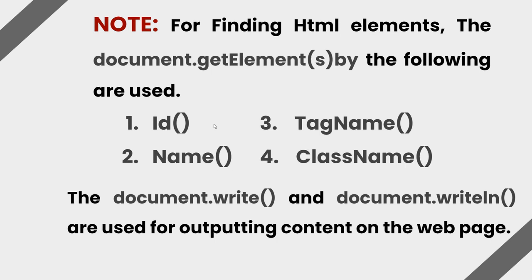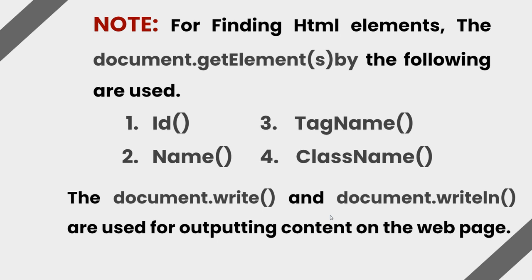So the document.write and document.writeln are used for outputting content on the web page. This means that these two syntaxes are not connected with any HTML element. They just output their content on the web page directly.